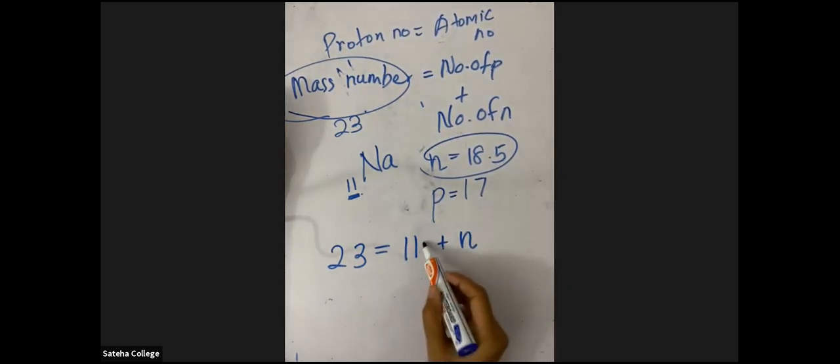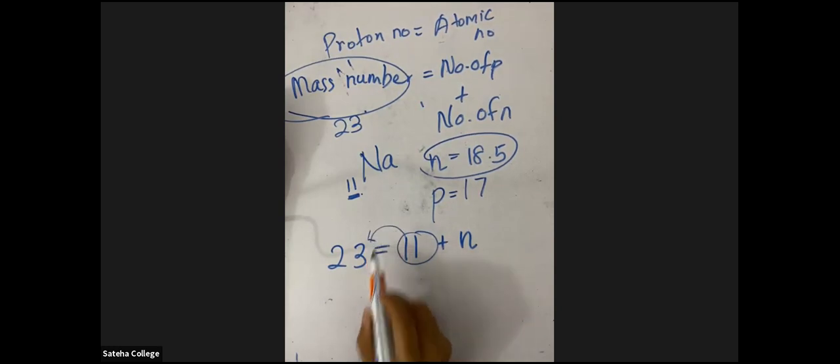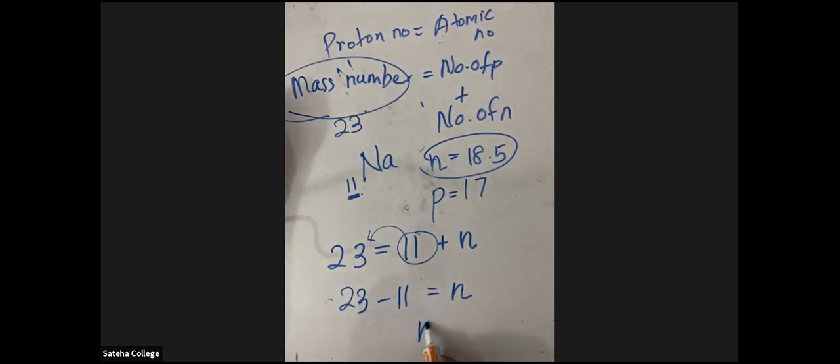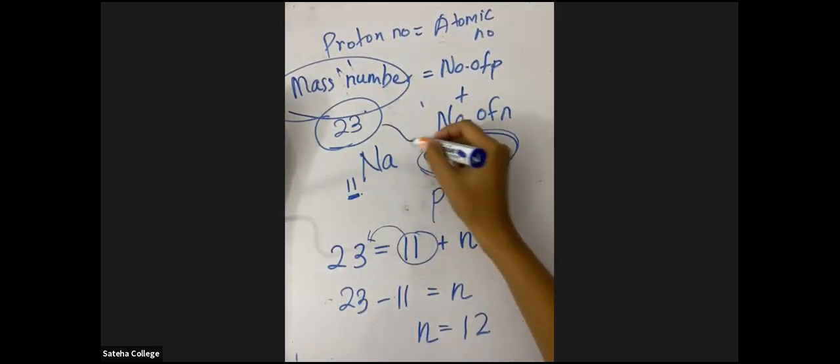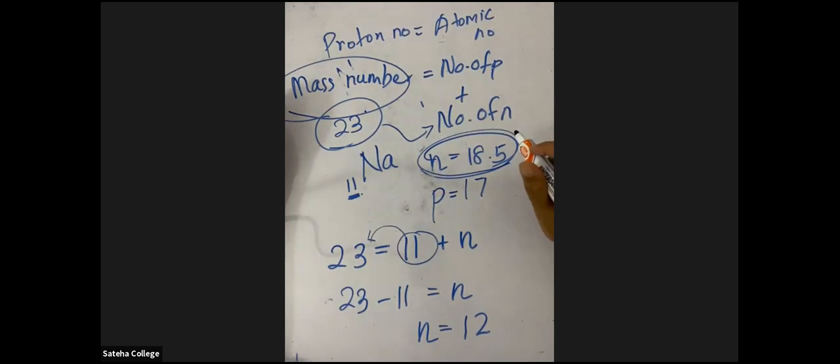Here there is addition, so if you take it to this side it becomes minus. 23 minus 11 is equal to neutron. So what will be the neutron number? 12. So you don't need to memorize it. They will either directly give you the neutron number, or they will give you the mass number and ask you to find the neutron number. Okay?